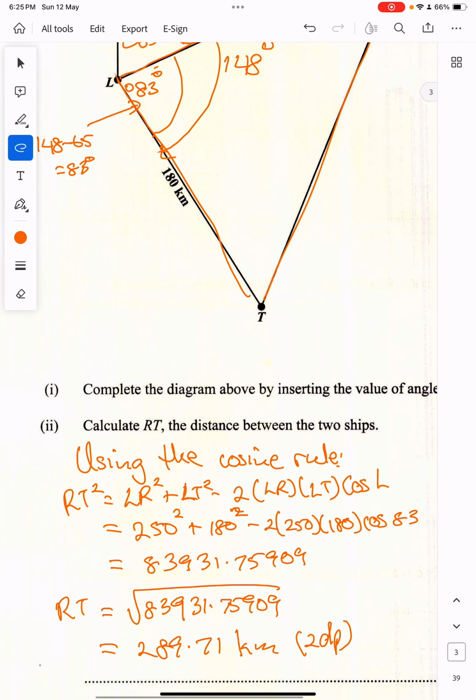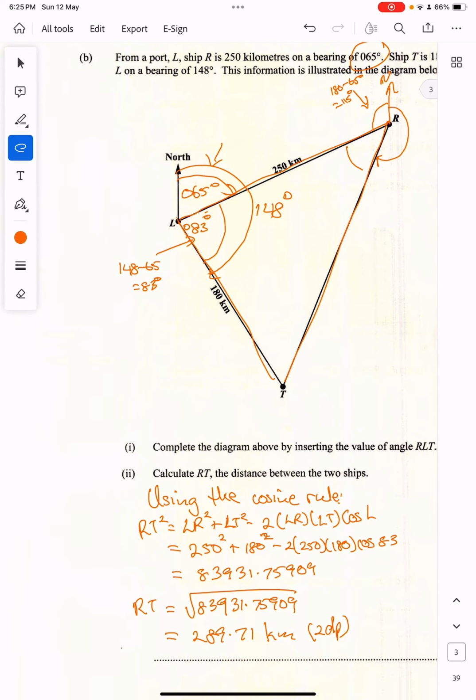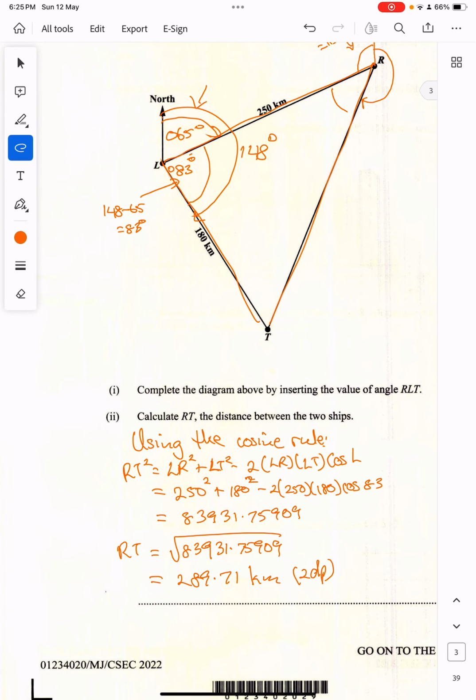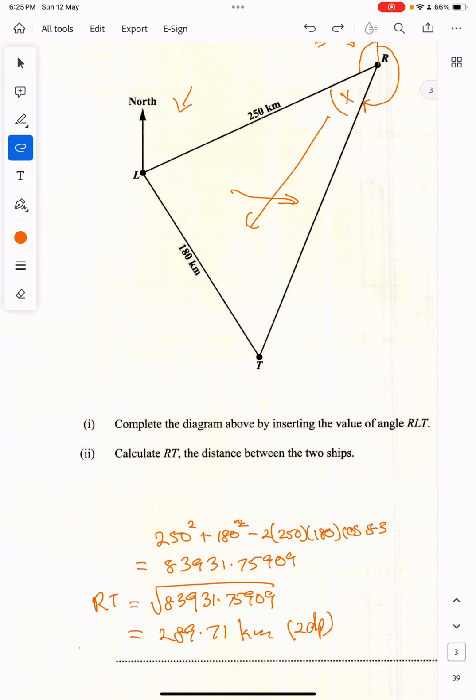So the sine rule states that the ratio of a length and the opposite angle is equivalent to the ratio of another length and its opposite angle in your triangle. So therefore, if we want to figure out this angle here, we can use the opposite side, plus we have this angle 83, and we can use the opposite side to that angle as well.